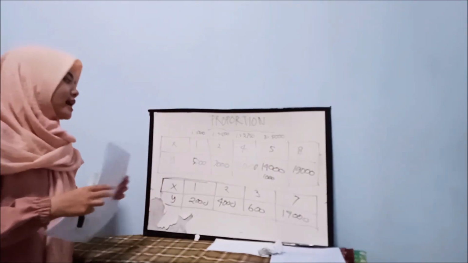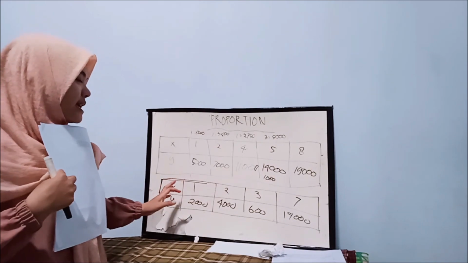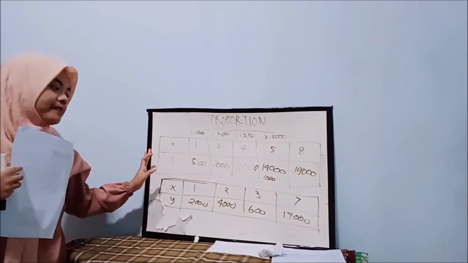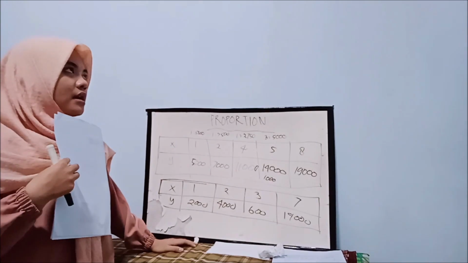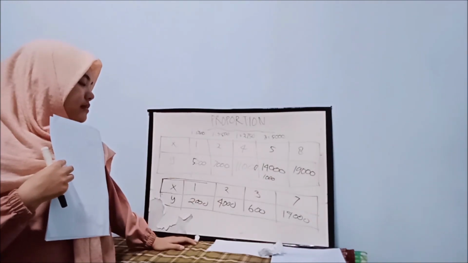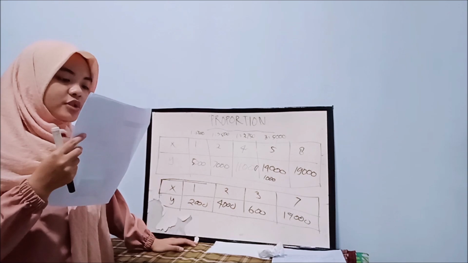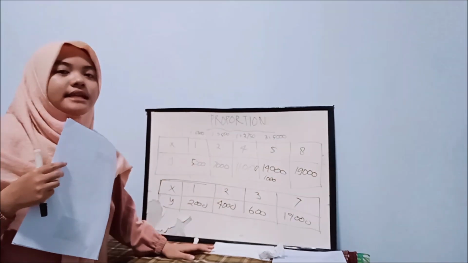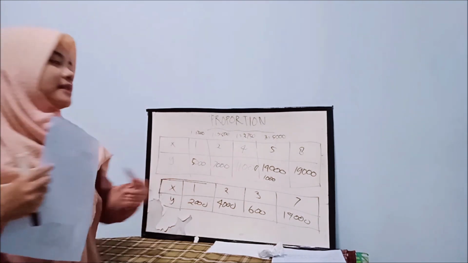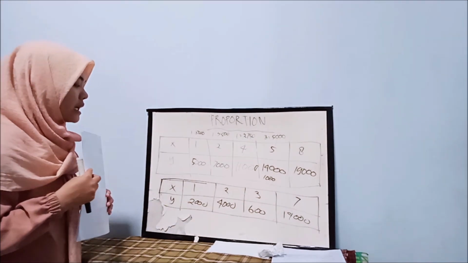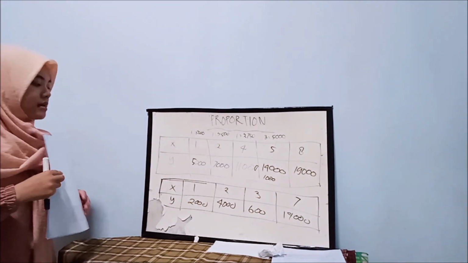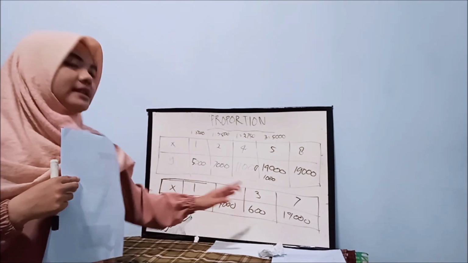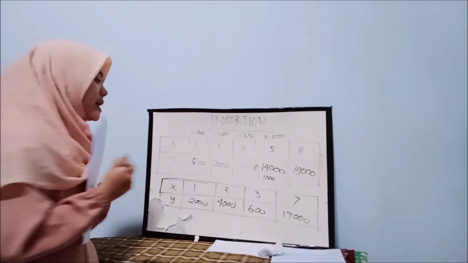So why is my group's answer different from the third group's? Because we did not calculate the cost of Andi entering the night market. So we just put the price of the tickets Andi paid.